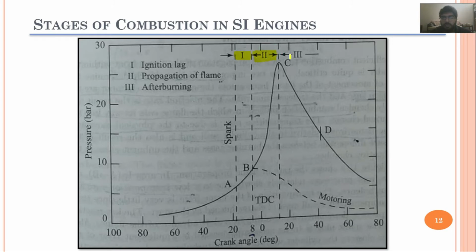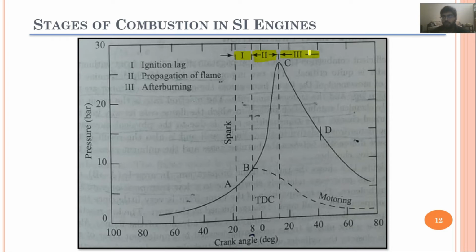He has basically divided this combustion in SI engines into 3 stages. Stage 1 is of ignition lag. Stage 2 is of propagation of flame. And stage 3 is of afterburning. I will discuss these 3 stages one by one.